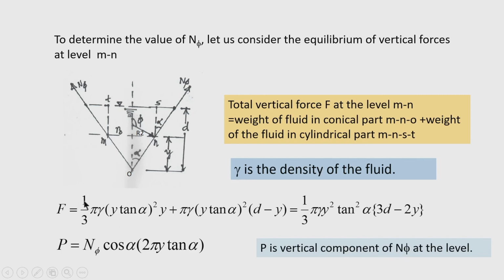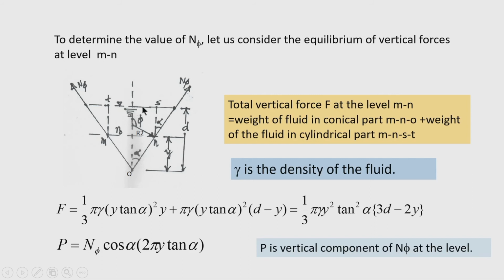So, let us calculate this component of the weight and then we can find the total vertical force. F: the volume of the cone is 1/3 pi r square into height. So, 1/3 pi, y tan alpha is the radius at this level, so this squared into y is the volume of the cone, and multiplied by gamma, the density of the fluid, we get the weight of the liquid here.